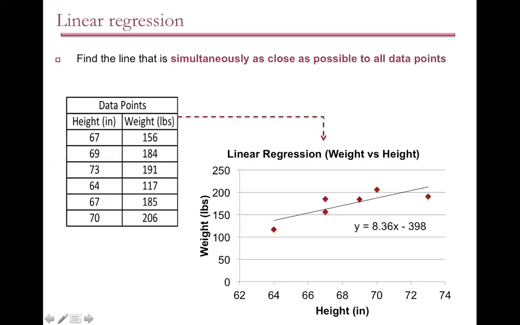I have all these 6 points, and I measure the distance from each point to this line, and add up the distances. If I change this line, I'll get a bigger distance to all the points. So this line produces the minimum distance to all these points, all at once, all 6 points.